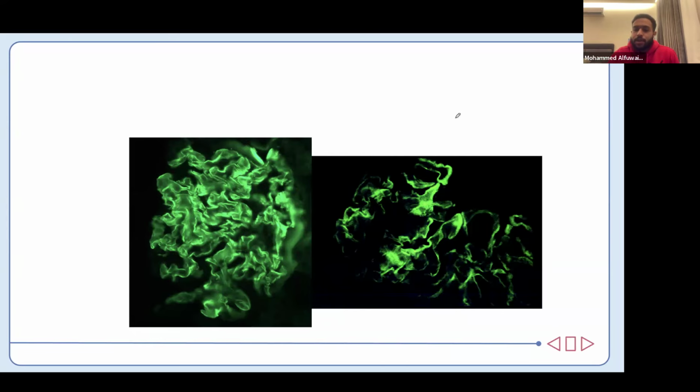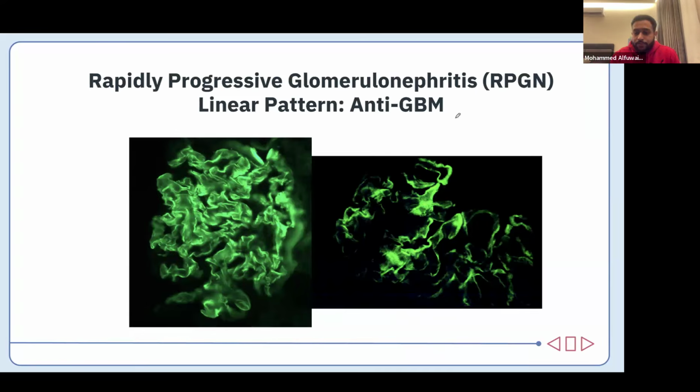It's what's causing the RPGN in this case. And very importantly, the patient will have two symptoms. Hemoptysis and hematuria. Okay? Remember this in a scenario. This is anti-GBM. It's basically antibodies, type 2 hypersensitivity reaction against the basement membrane. Okay? And it's causing a linear pattern.